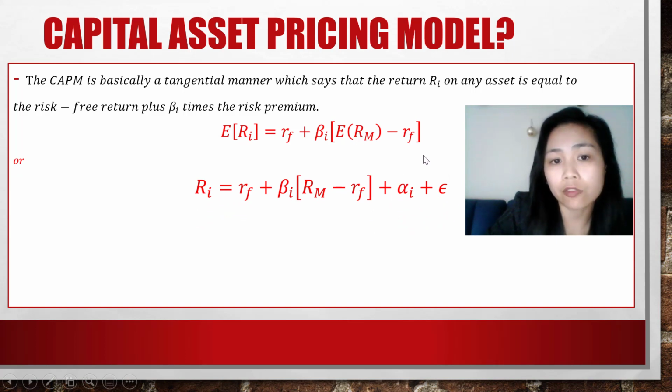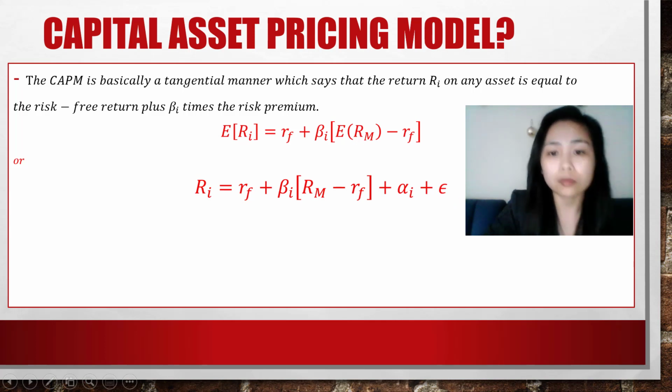The error comes from the model and the error comes from the index I. So the true value of the return RI is equal to RF plus beta I times the risk premium of the market portfolio plus alpha I and epsilon. This model is similar to linear regression. Any model that is mathematics based, we actually use linear regression, and this model is similar to that.